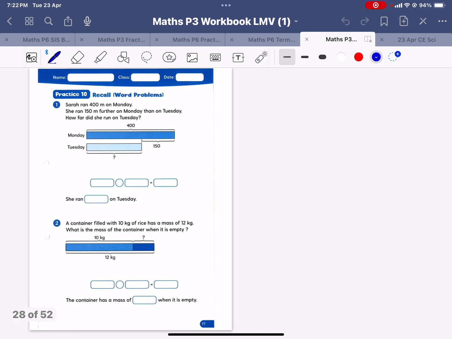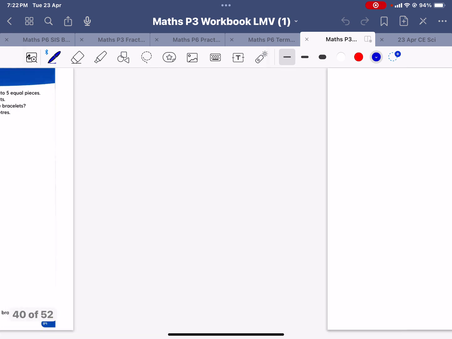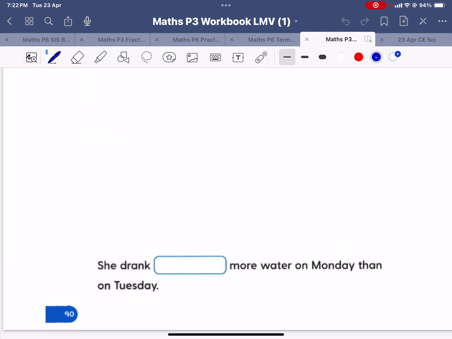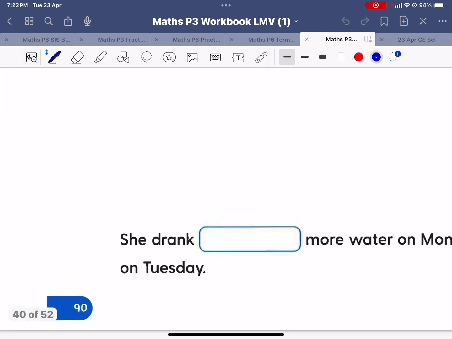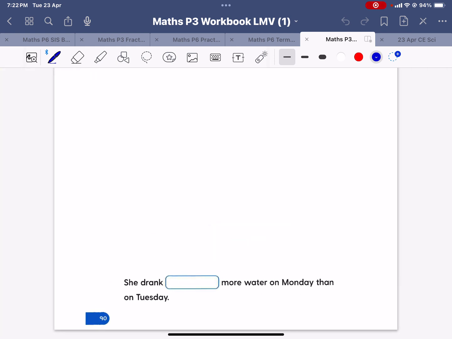The last page of this set is page 90. So we'll work backwards from 90 to page 89 and so on. Let's start with page 90 when you're ready.